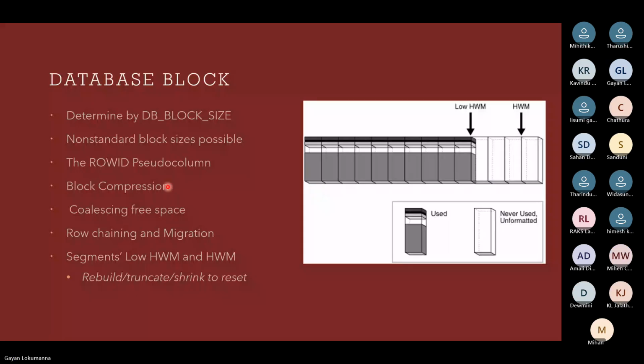Then you can also do block compression. When you say block compression, in the header section of a particular block, it keeps the duplicated values. Let's say we have 2 records having the name Saman.